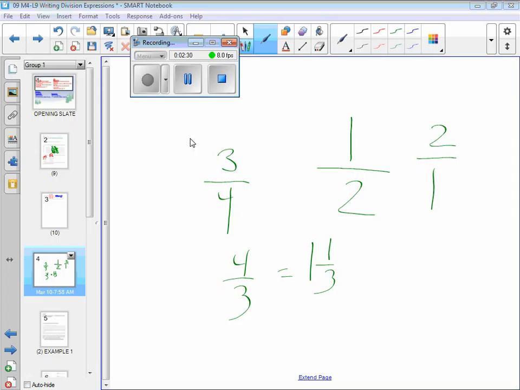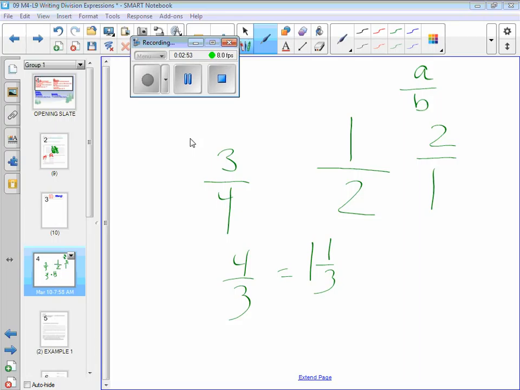The only difference is, if this is 1 divided by 2, how would you say this? Okay, please raise your hand. Eva? A divided by B. What's another way that you could say it? Jack?